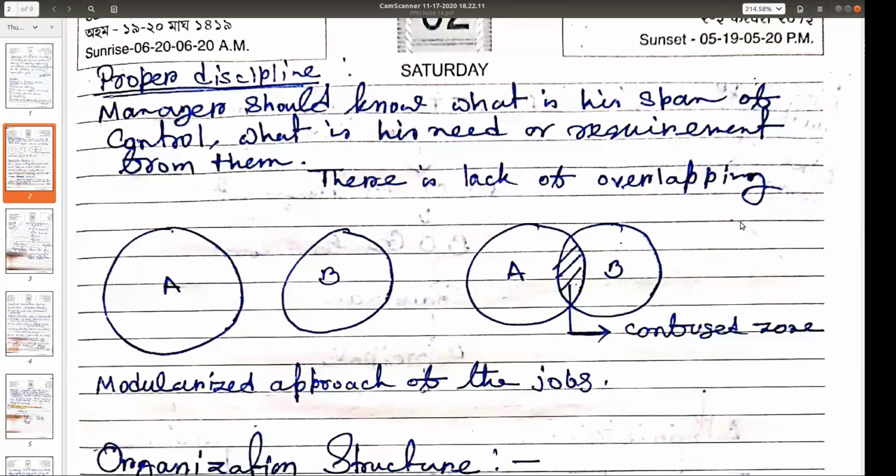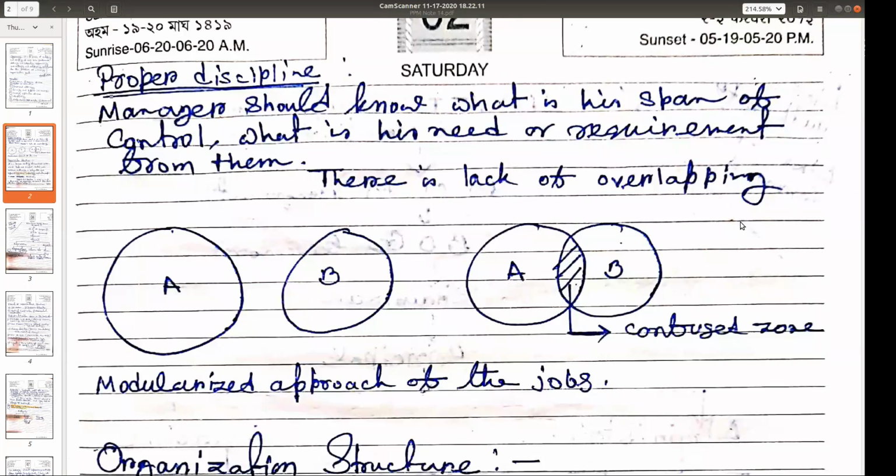Basically, if you follow proper discipline, that means you know, as I told you, what your span of job, span of work is, what your control is, who your authority is, to whom you have to report, what your core responsibility is, what your added responsibilities may be. So these will be clear to everybody.